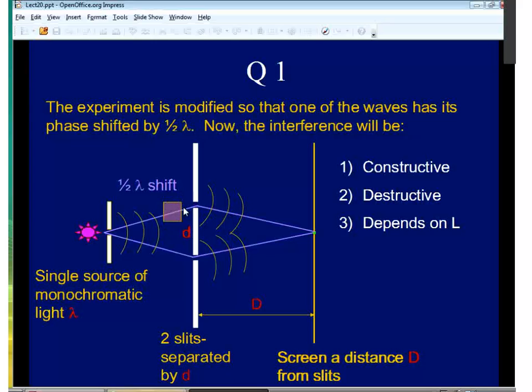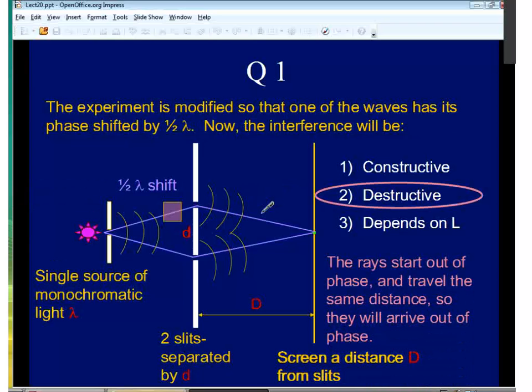So here this thing is inserted right here. It could be inserted later also. So here this fellow is creating lambda by 2 shift.